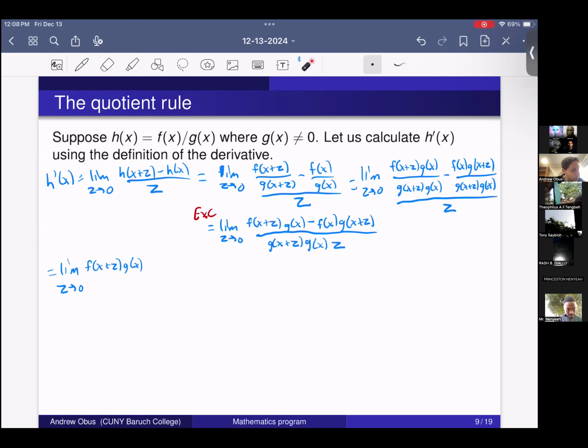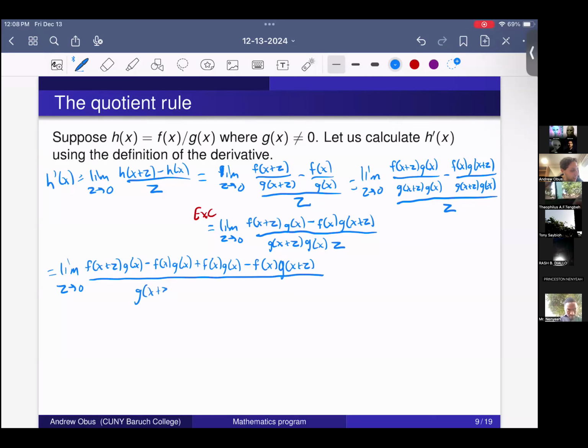Now I'm going to add and subtract the same thing, so I don't change the value at all. So I'll just say minus f of x g of x, and then plus f of x g of x. And then we have a minus f of x times g of x plus z. And then this whole denominator here is g of x plus z, g of x, z.